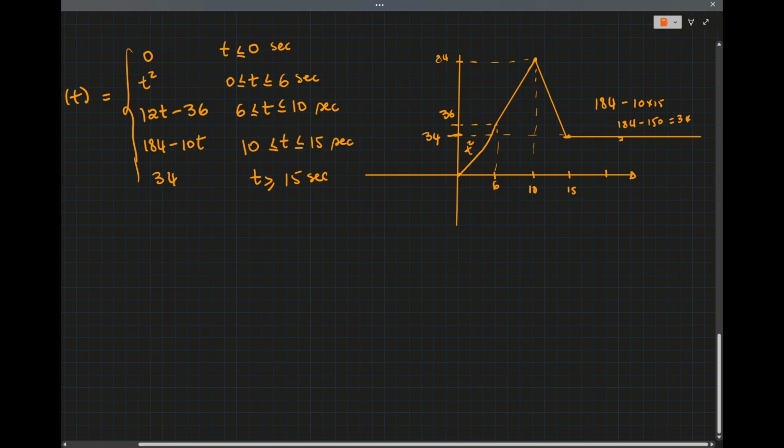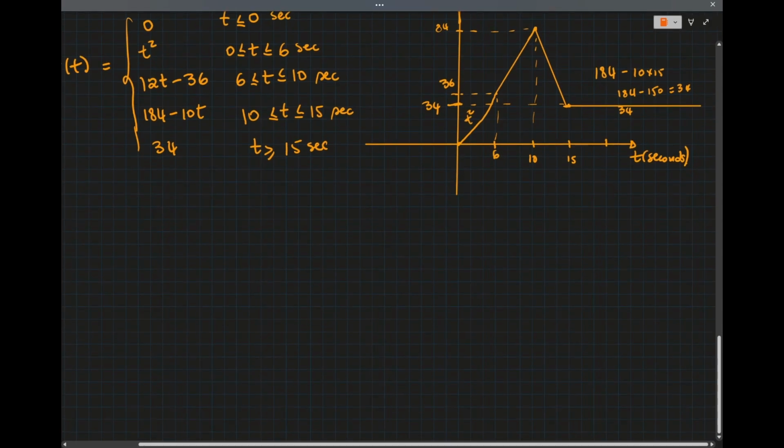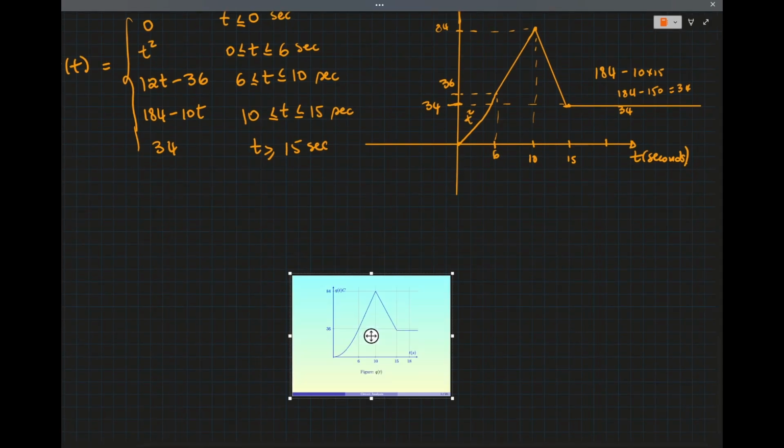Okay, so this is 34. All right, so this is the charge Q of t in coulombs. The time is in seconds. Okay, so I did plot this on a computer, and if you look, I plotted it on the computer.